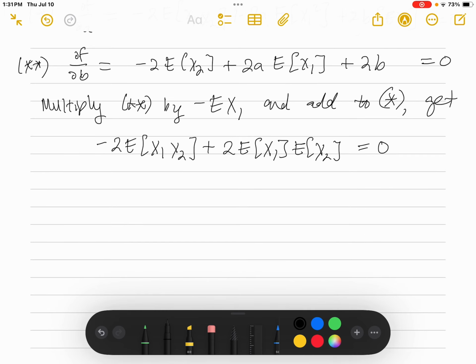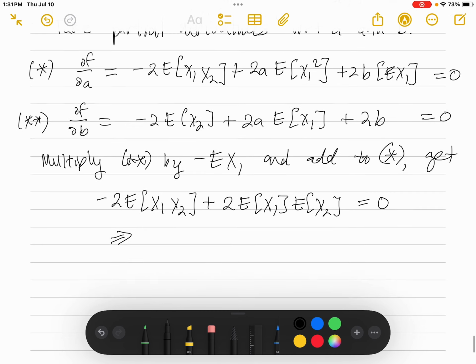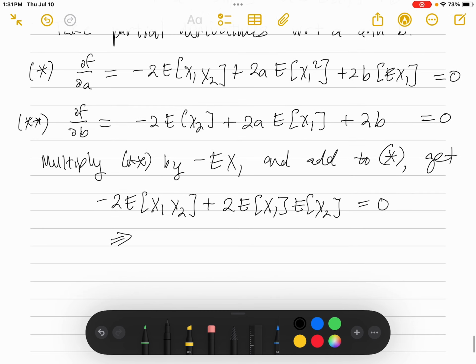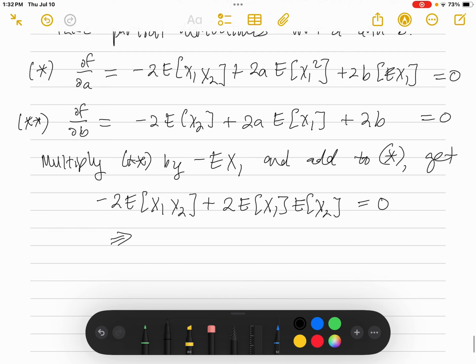And now you divide both sides by 2. Am I doing this wrong? Oh, sorry, the middle terms did not cancel.